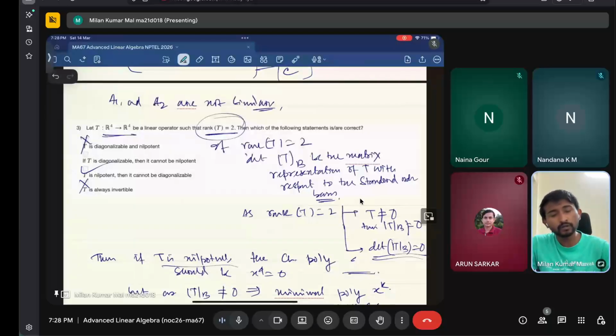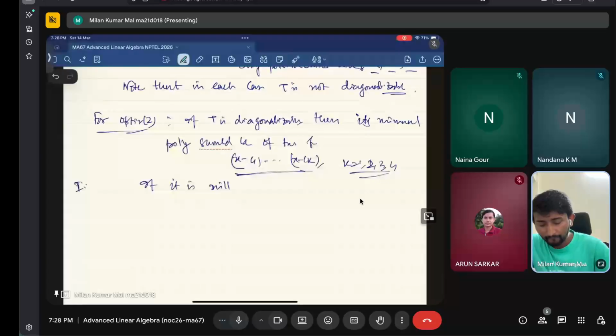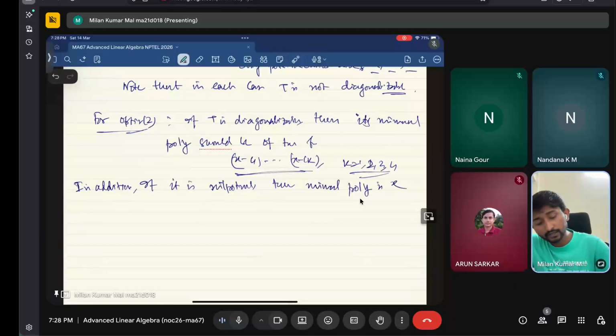So if it is nilpotent in addition, then the minimal polynomial is x, but that is not the case. That can't happen. So that's why this third option is also incorrect.